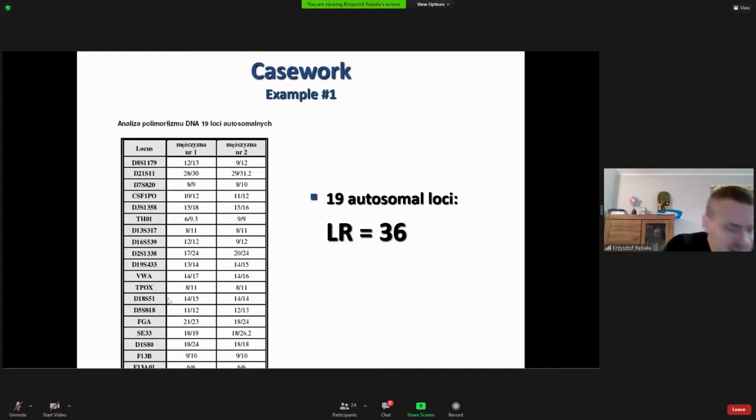Yes, to include both mothers' profiles. Because if we know which alleles in these two men come from the mothers, then the other one must be paternal. Right now we do not know which is maternal and which is paternal.